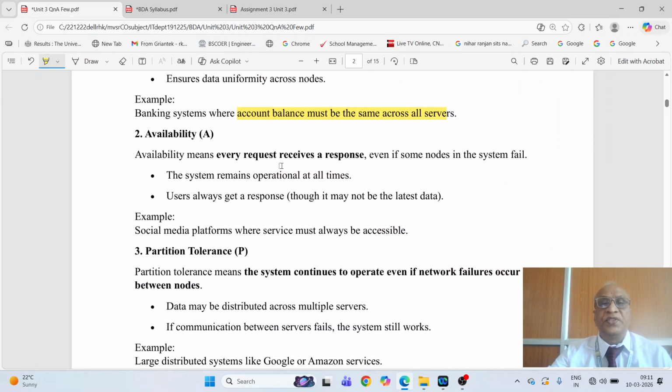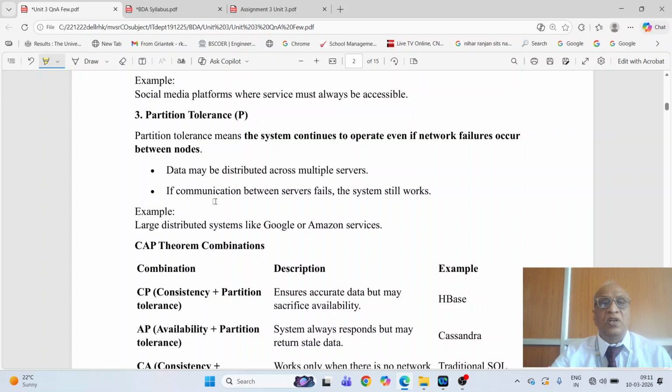Availability means every request will receive a response, even if some nodes in the system fail. The system remains operational at all times. Users always get a response. Partition tolerance indicates the system continues to operate even if network failure occurs between nodes. Data is distributed across multiple servers.